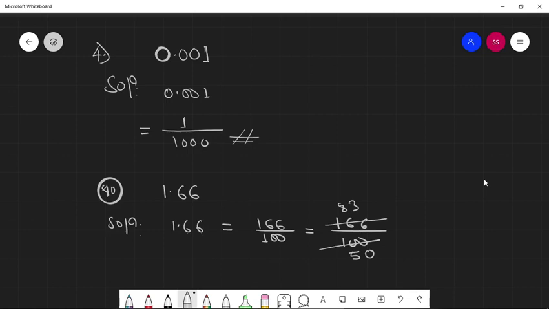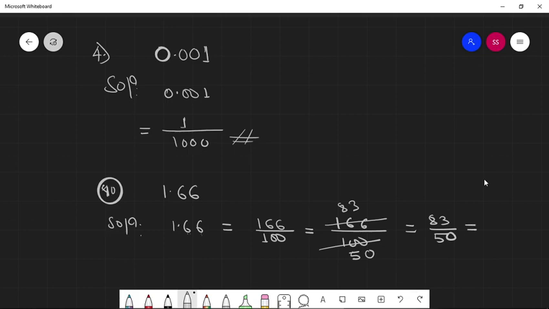Let's think about 3. 8 plus 3 is 11, it is not divisible by 3. 5 plus 0 is 5, also not divisible by 3. By 5, it is not divisible by 5. By 7, not divisible by 7. So we obtain 83 over 50.